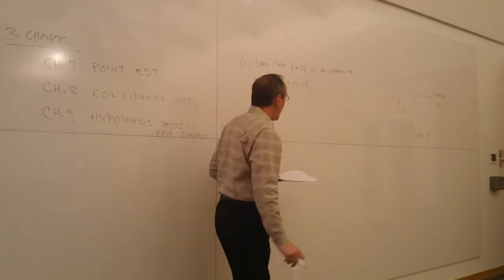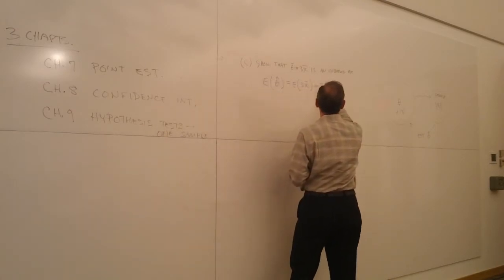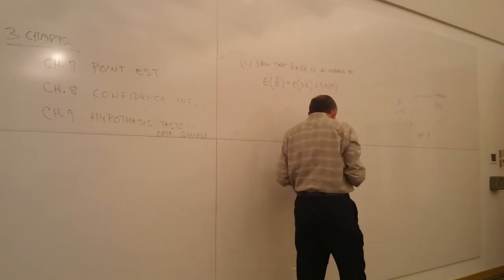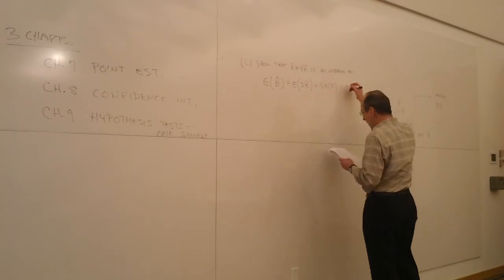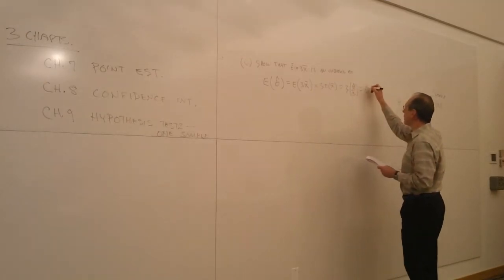We know that we can take the constant out for expected values, so that's 3 times the expected value of x bar. And from the part we did earlier, this gives us 3 times theta over 3, which is just theta.